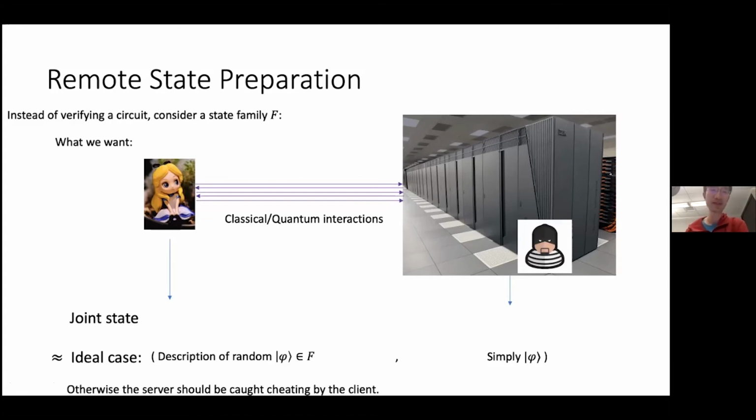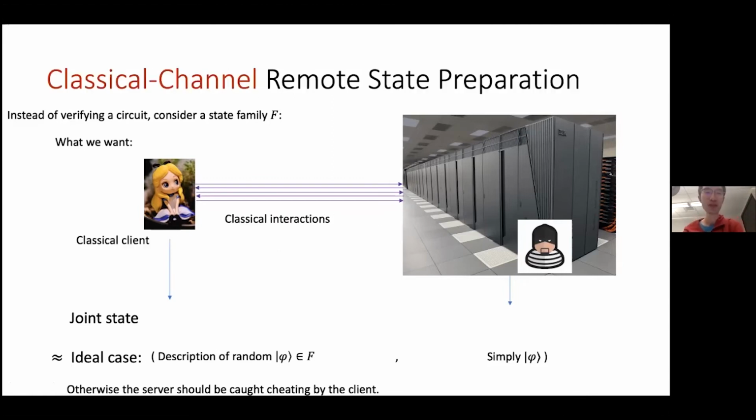And additionally, we want the whole protocol to be a classical channel protocol, which means the client should be completely classical, and the instructions should also be classical. Here we call it classical channel following the conventions in related papers.